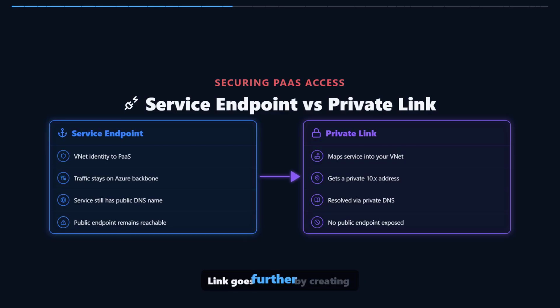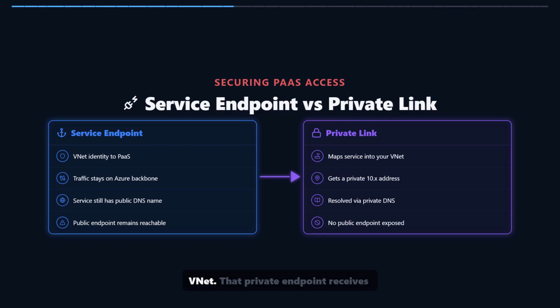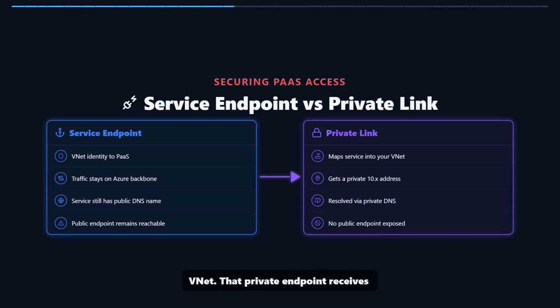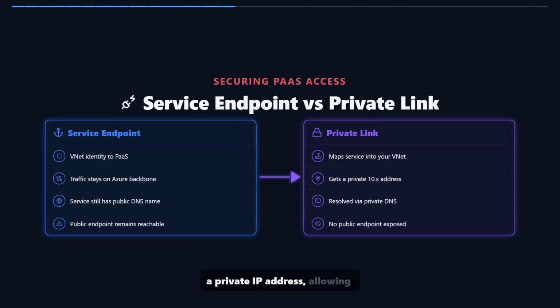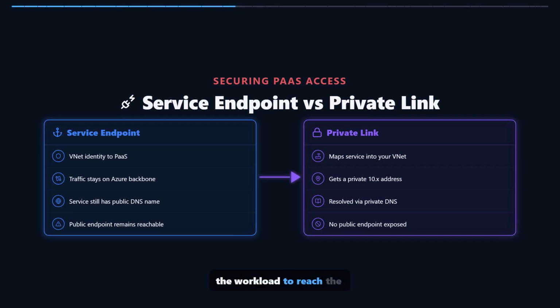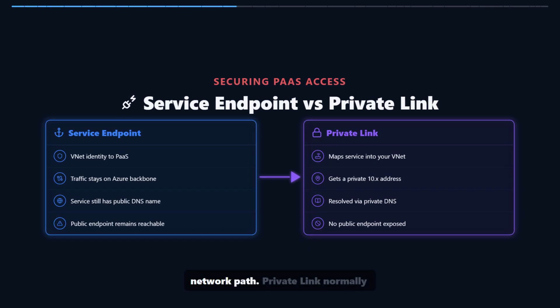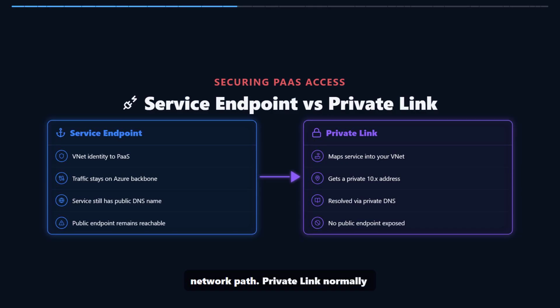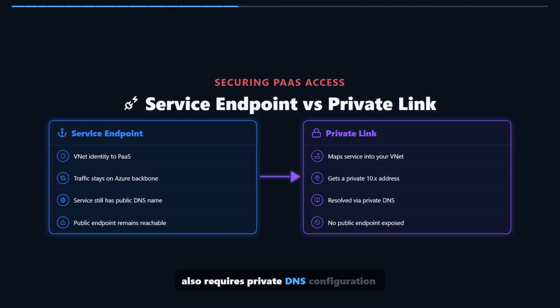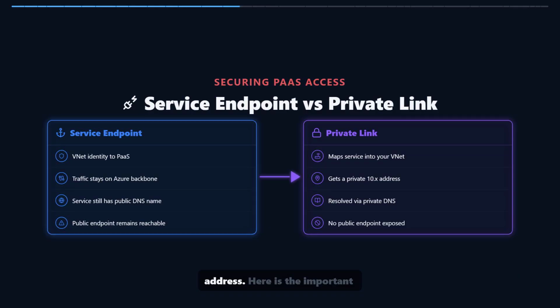Private link goes further by creating a private endpoint inside your VNet. That private endpoint receives a private IP address, allowing the workload to reach the Azure service through a private network path. Private link normally also requires private DNS configuration, so the normal service name resolves to the private IP address.